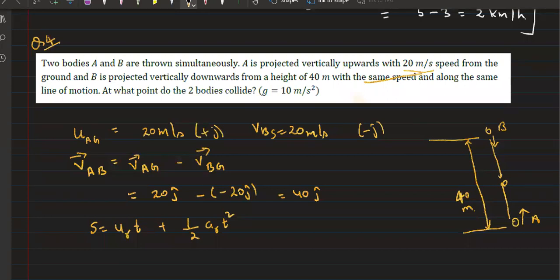This is a conceptual problem. We haven't written any big equation. First you have to find time.